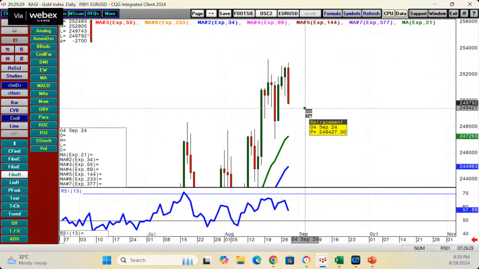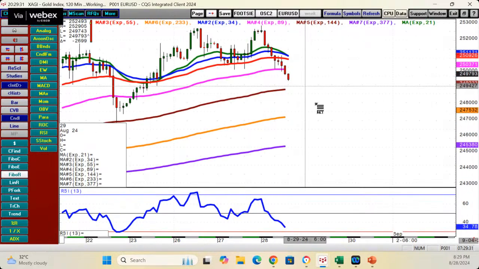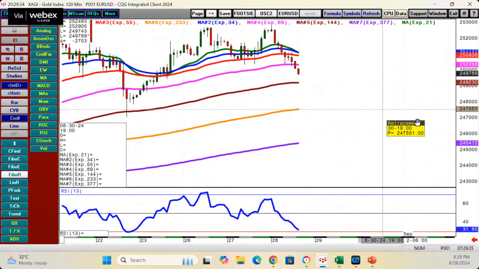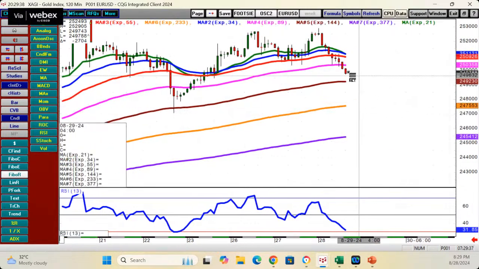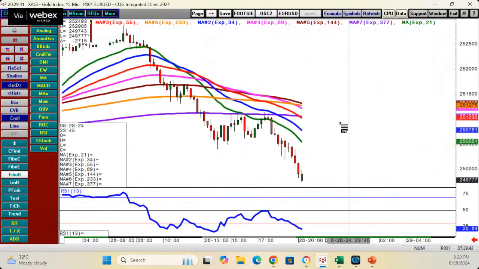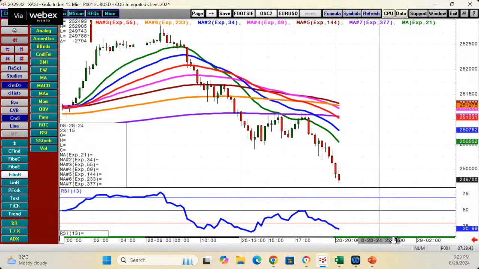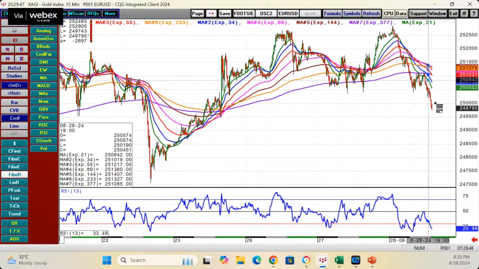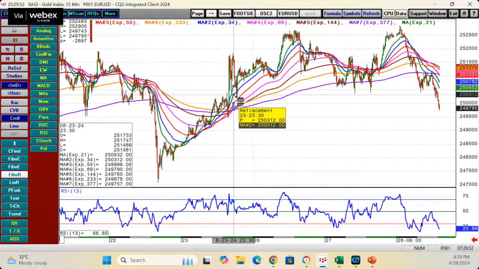So now, where do we sell? We look at 2501. Even 2501, because the current high is already 2501 and the market is already making lower highs and lower lows, and the price is already starting to move lower.